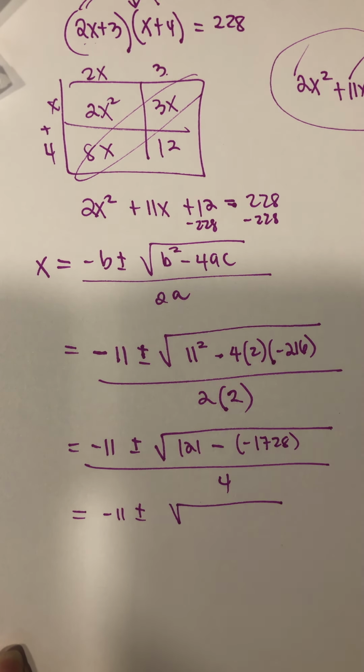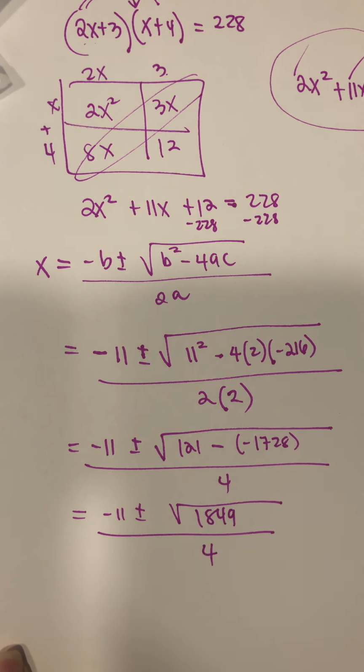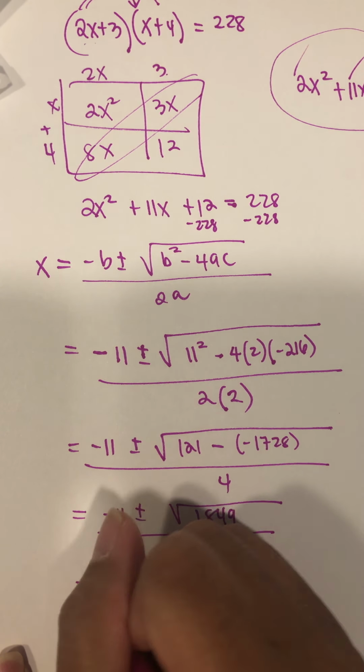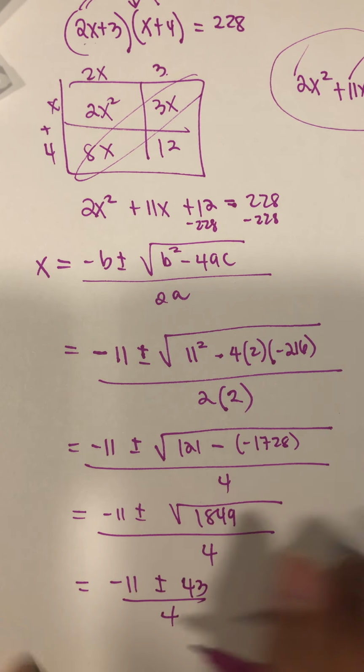So 121 plus 1728 is 1849 over 4. Now the square root of 1849 is 43. So negative 11 plus or minus 43 over 4.